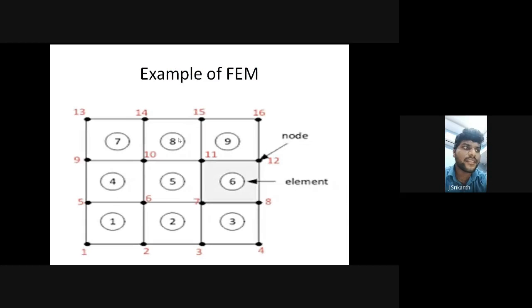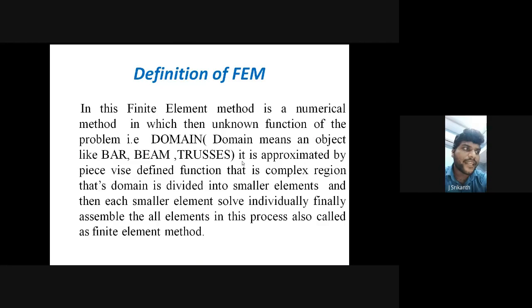For example, sorry, this is the wall. In this slide, it is the whole wall of the house, one wall of the house. In this particular wall, how many elements are included? 9 elements. So 1, 2, 3, 4, 5, 6, 7, 8, 9. So in this definition, it is approximated by piecewise defined function.